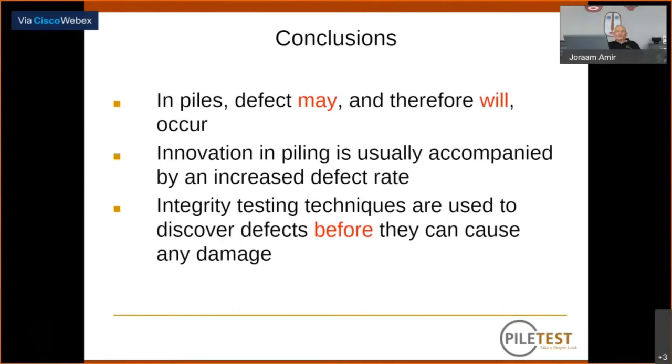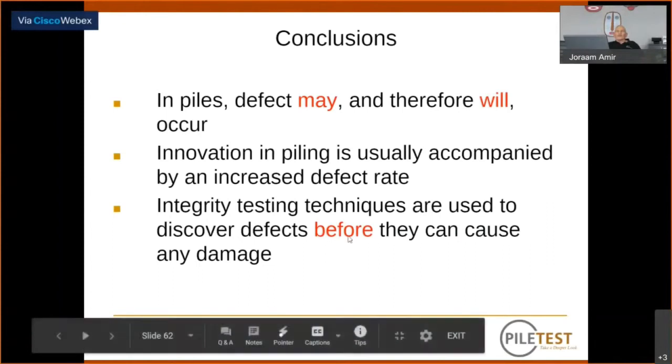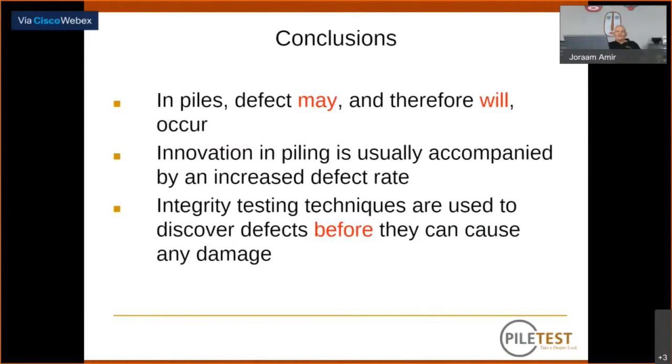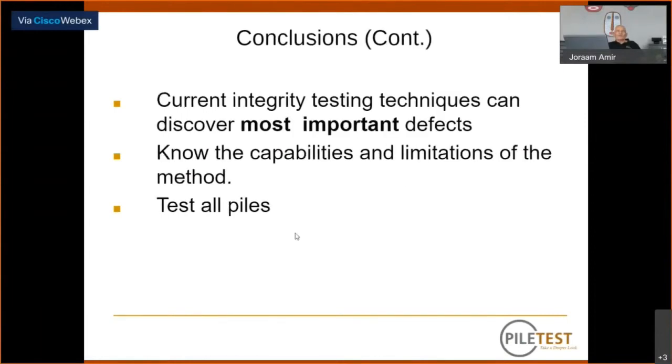When you bring a new technology to a country, in the beginning, until engineers and contractors master the method, there may be more defects. Integrity testing techniques, which I've presented to you today, are used to discover defects before they can cause any damage. And before is a very important word here. Discovering damage after it happens is not very good engineering.